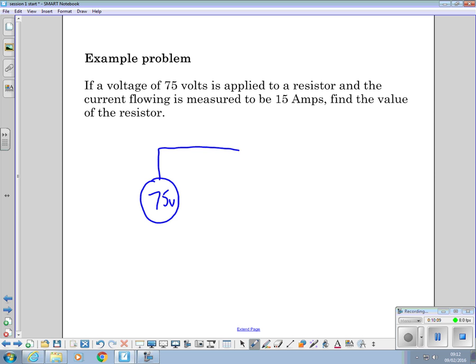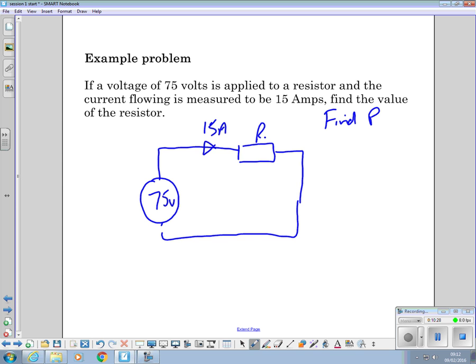We have a 75-volt source and an unknown resistor, R. We measured the current, and that's 15 amps, and we'll also find the power. Which formula would you use to find the resistance? R is V over I, voltage divided by current.